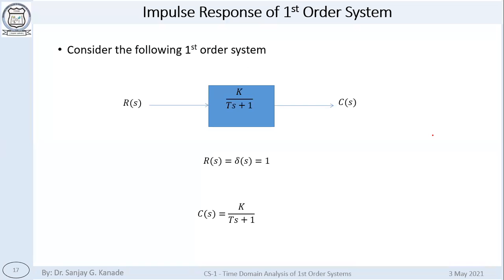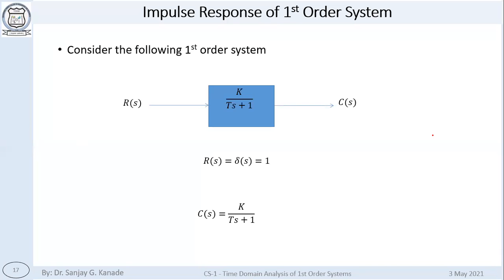At some stage of your career, you will have to design a digital control system, and for that you must also know those concepts in signal processing. Anyway, now we are coming to the impulse response concept.